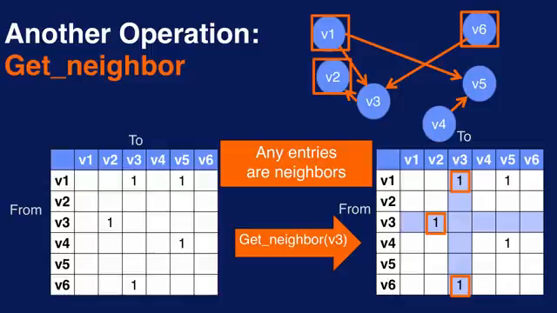So V1 and V6 are also neighbors. What's the difference? Since the matrix has the from along the rows and the to's along the columns, following the row V3 gives us the edges outgoing from V3, and following the column V3 gives us the edges coming into V3.